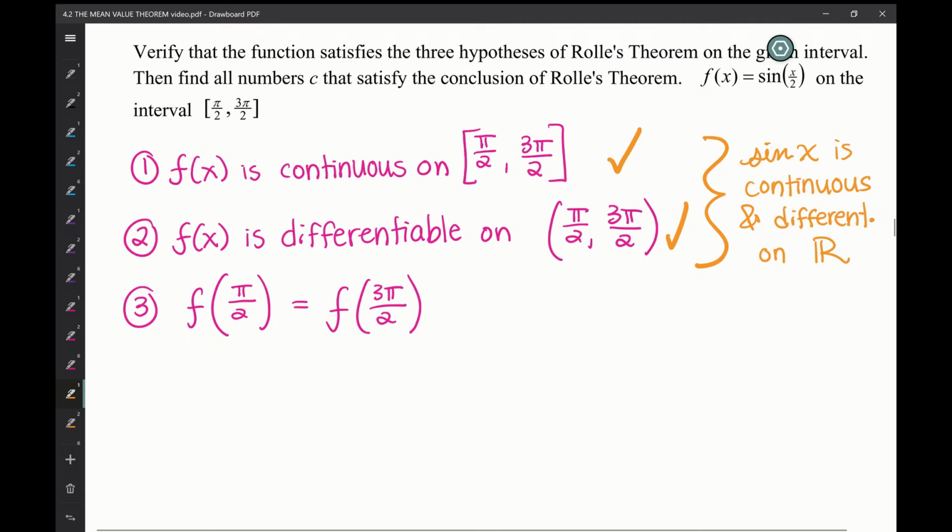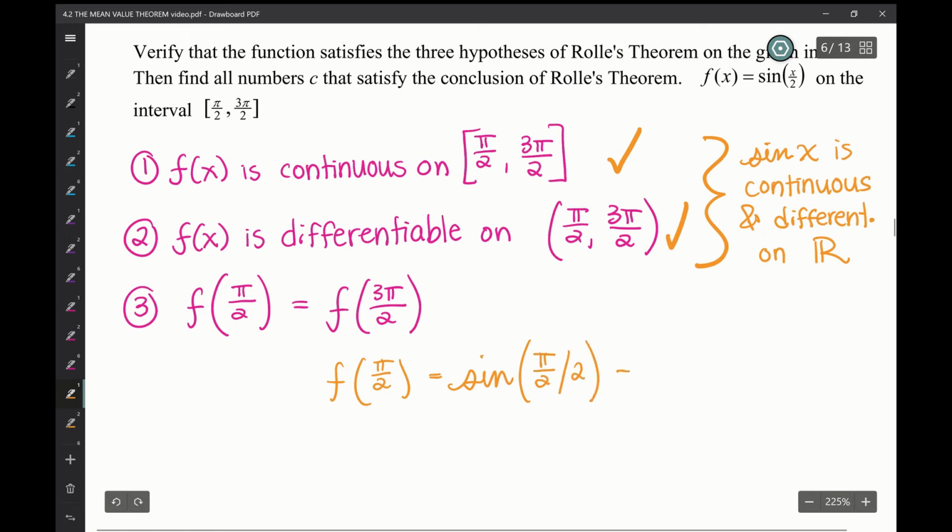So we need to find f of pi over 2, which will be equal to the sine of pi over 2 all over 2, which is equal to the sine of pi over 4, which is equal to root 2 over 2.